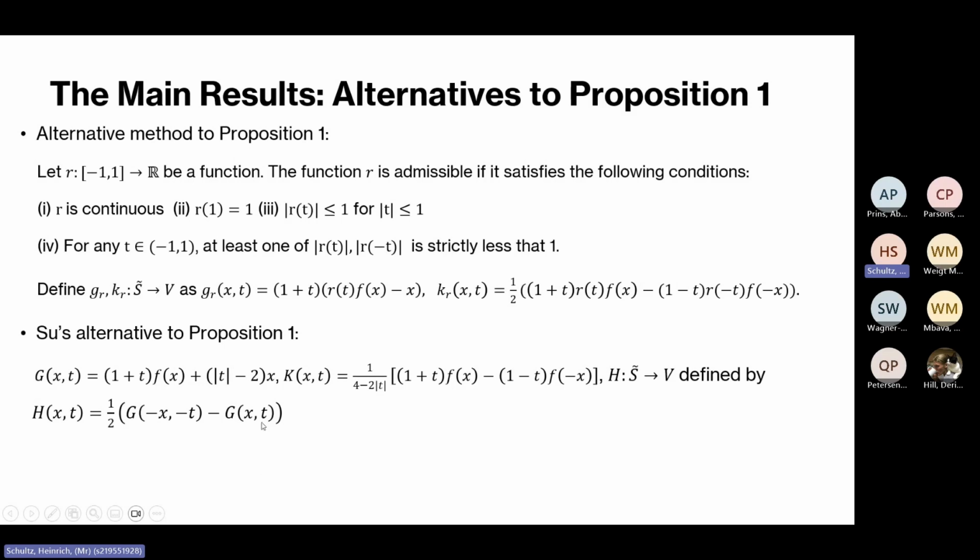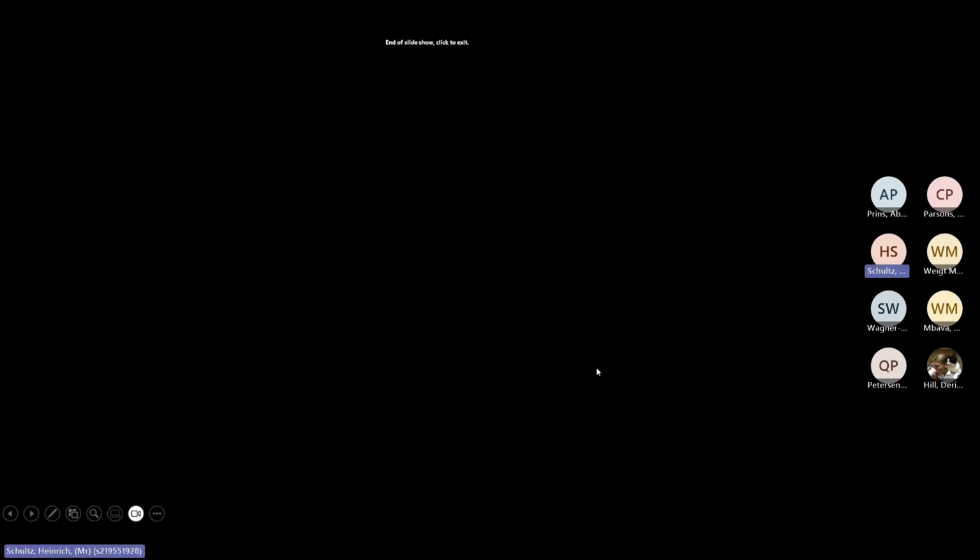Using this function h, he can show that g of (negative x, negative t) is equal to g of (x, t). From there, you can swap out proposition 1 in your proof for this alternative.